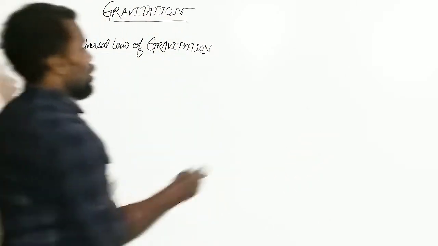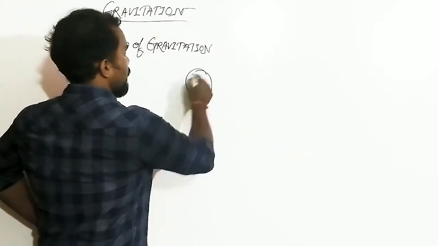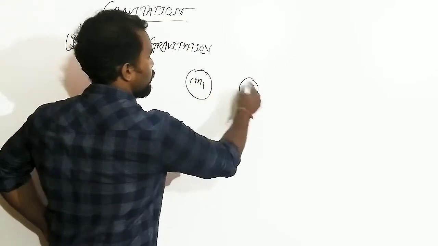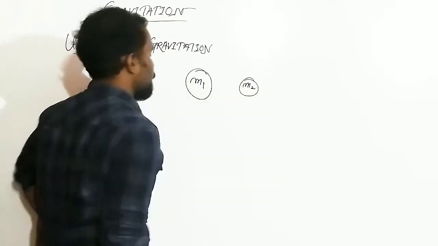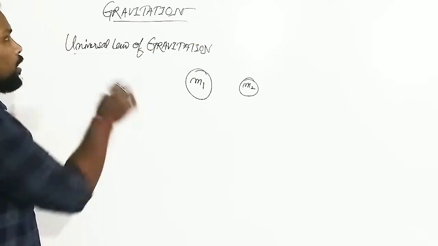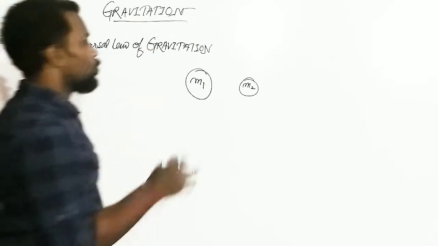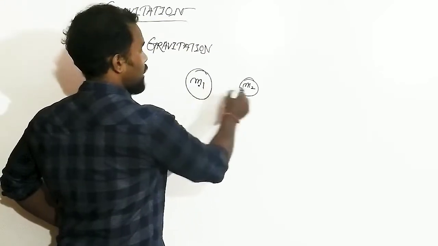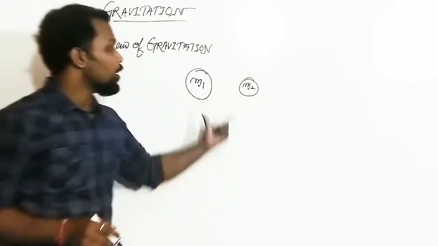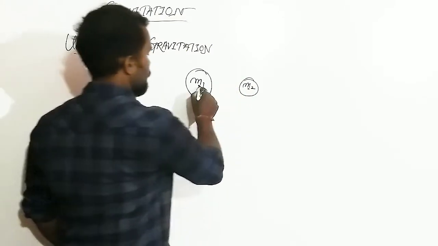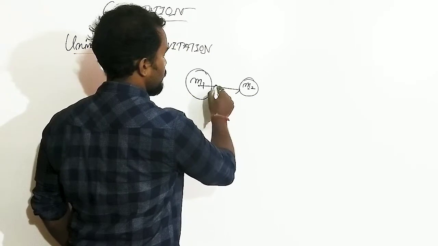Again, I'm going to draw two balls, M1 and M2. According to the universal law of gravitation, there is going to be an attractive force between these two. So this is one force and this is the other force.